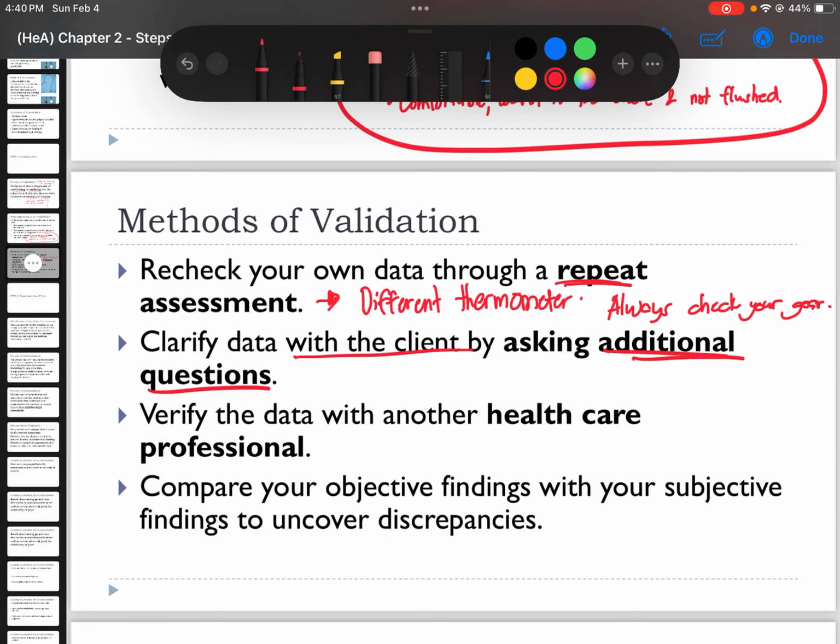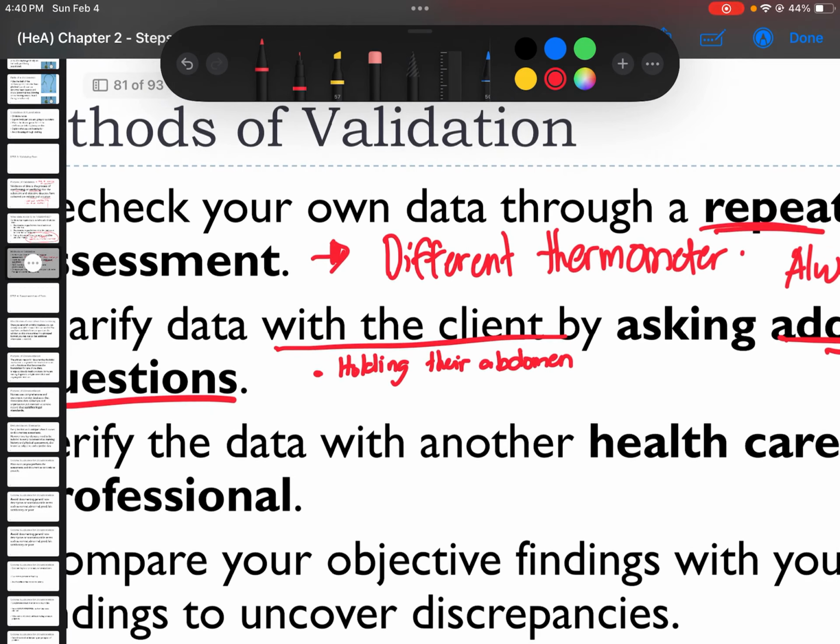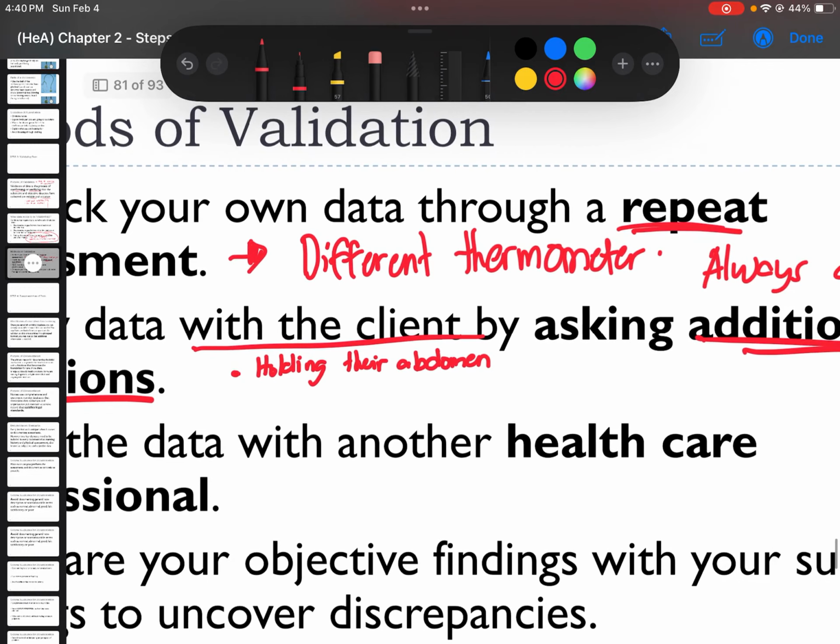Okay? For example, class, if you see the client holding their abdomen, you might assume, no?